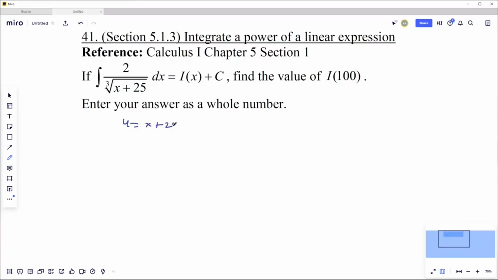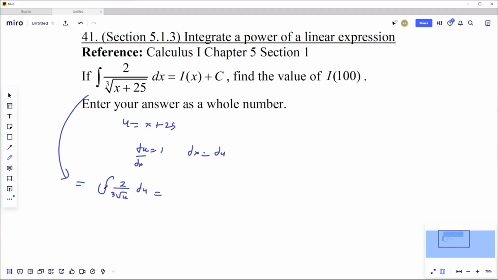So u is x plus 25, du over dx gives you 1, and dx gives you, of course, du, so no need to even work with it. So this function becomes the integral of 2 over the cubic root of u du.